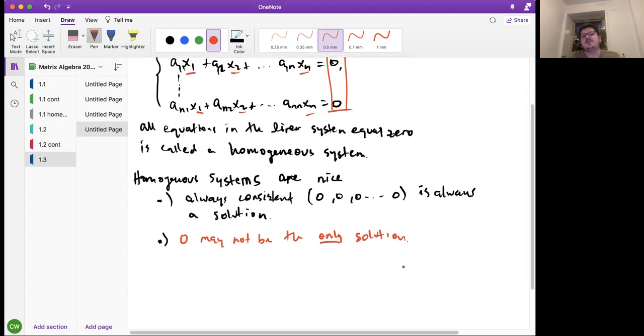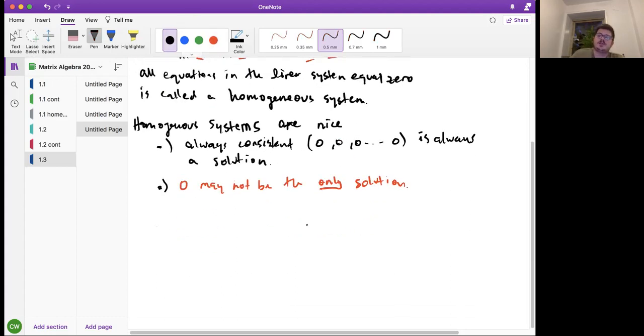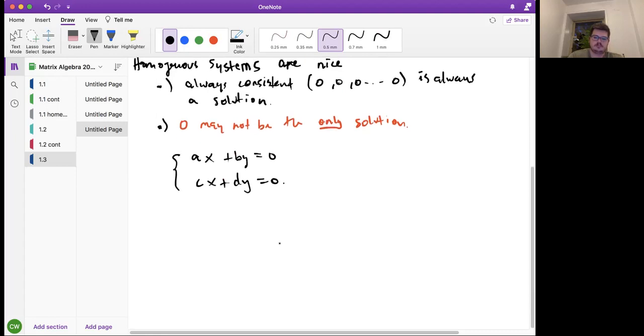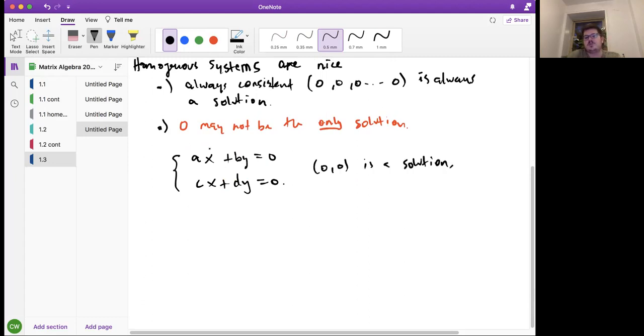Can someone give me an example of a two-variable case where that's true? And maybe you've thought about this in the homework. So 0, 0 is a solution. Is there an example where you can have A, B, C, D that makes it not just 0, 0, but maybe more than 0, 0?